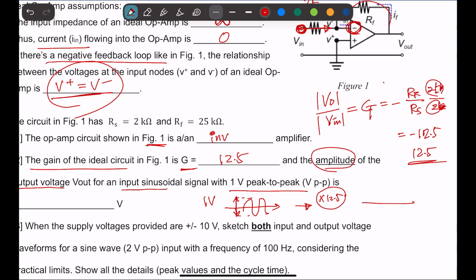My output, we expect, is going to be like this, with 12.5 peak to peak, because it is bumped up 12.5 times. The question was looking for the amplitude, so the amplitude is going to be half of this, so 6.25. 6.25 was the answer for this.